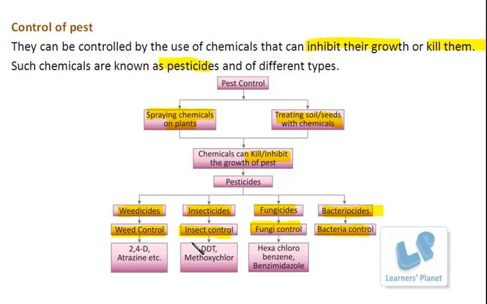That means many of these particular pesticides are not digested by different types of animals or organisms. So what will happen? They will accumulate inside, and they will have a poisoning type of effect in these organisms. So they can of course affect the growth there if the particular organism is susceptible to such pesticides. So great precaution should be taken while using the pesticides.